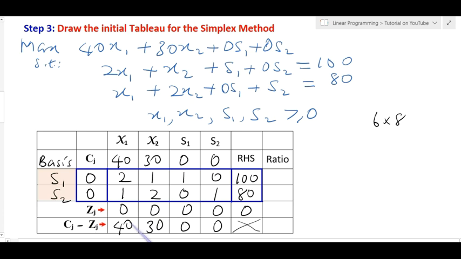And at this point as well, the value of Cj minus Zj is 40 for x1, and it is what? 30 for x2. And at this point, look at it. Where S1 and S1 meet, you have 1 there. So this is actually a unit matrix.